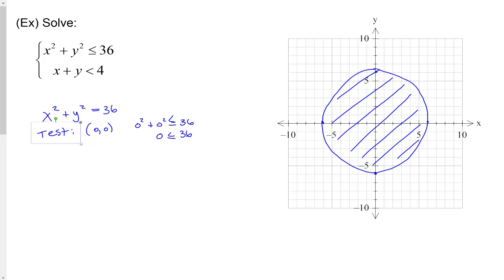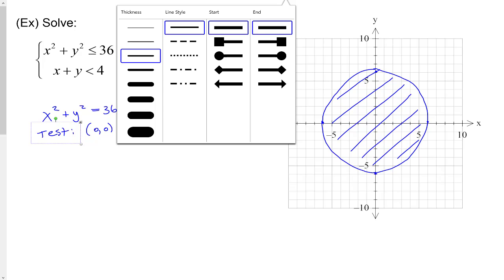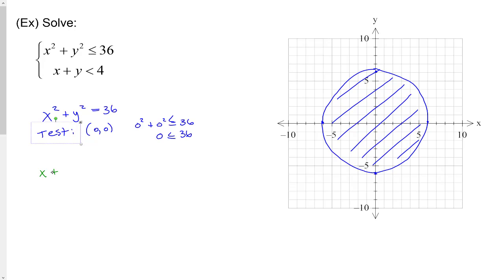Next, the other curve here is a line, and it's based off of x plus y is less than 4. For the time being, I'm just going to set that equal to 4 to draw my line. Now, it would be easier to sketch if I had it written in y equals mx plus b form.